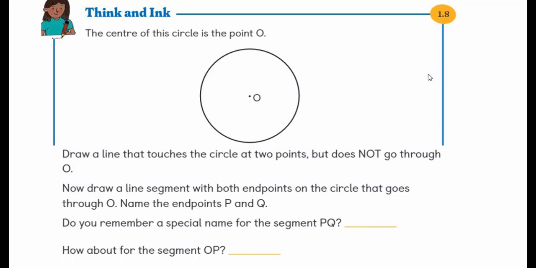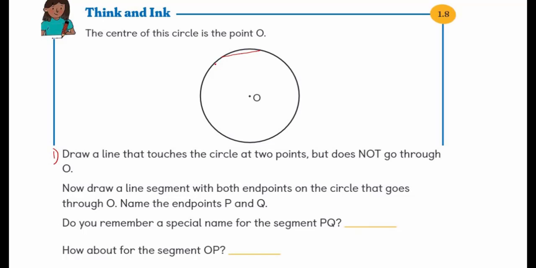Now there are a few questions. First question: draw a line that touches the circle at 2 points but does not go through O. We have to draw a line that touches the circle at 2 points, but it does not go through the point O. Can you draw, children? Yes.